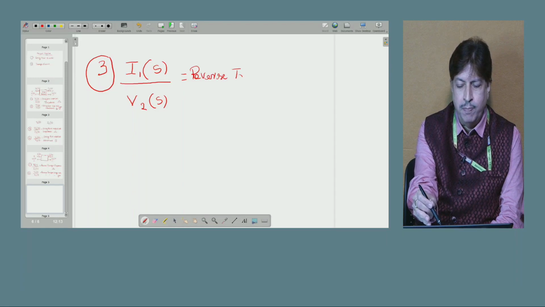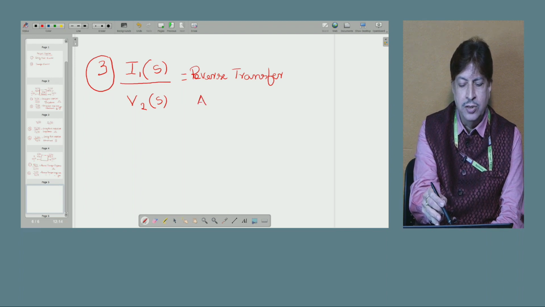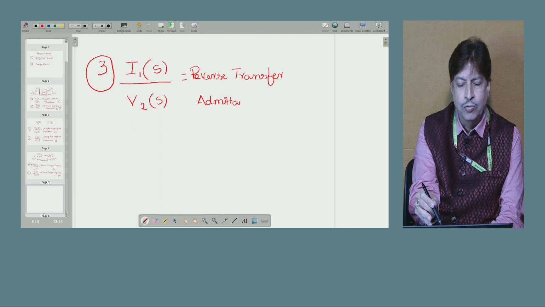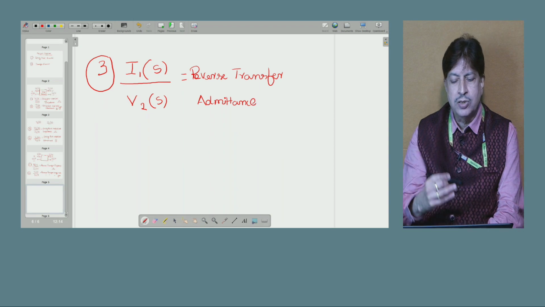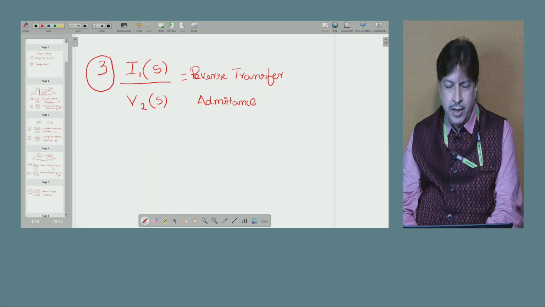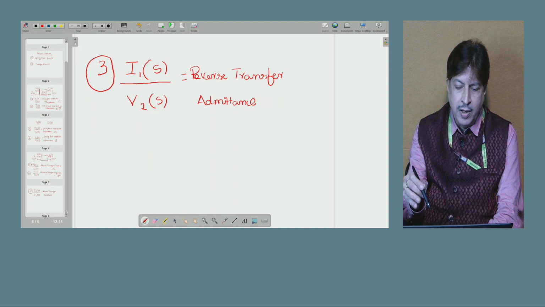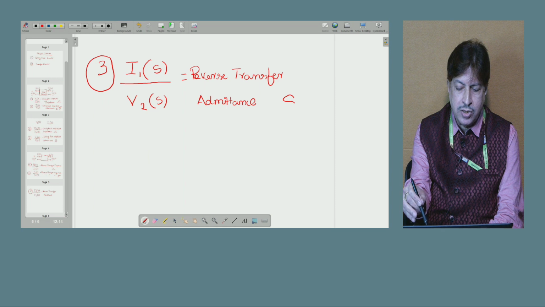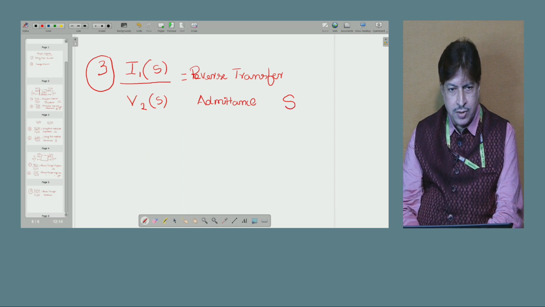So, the appropriate name we give to this is reverse transfer admittance function, because current to voltage always represents an admittance function. Reverse transfer admittance function, and the unit of admittance, as we already discussed, is Siemens.